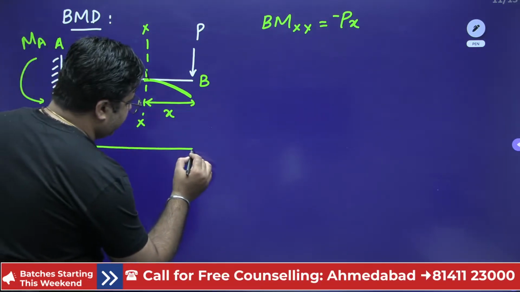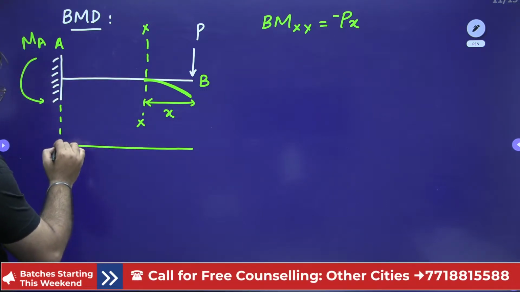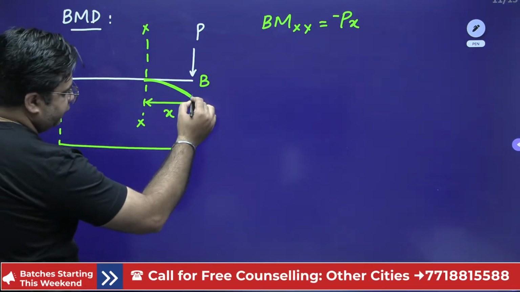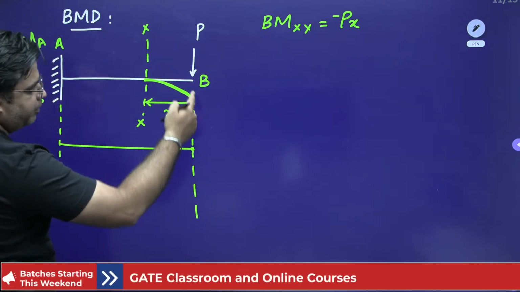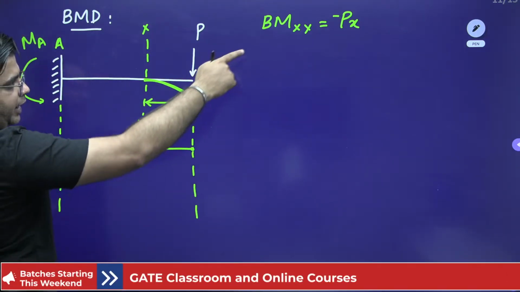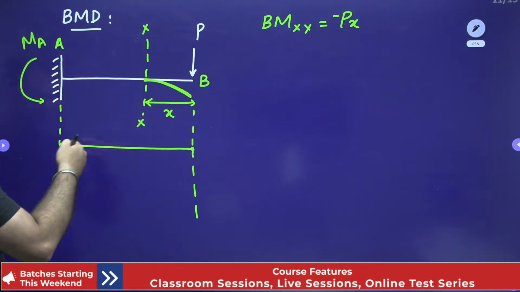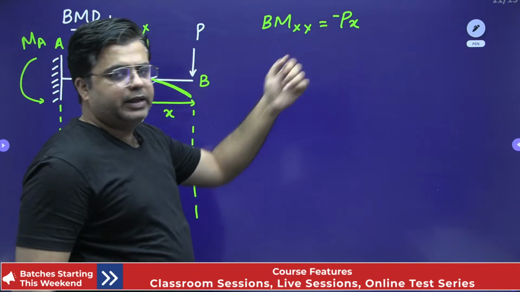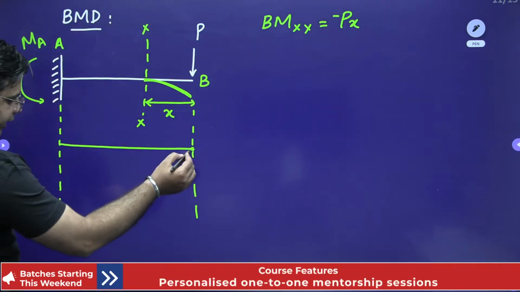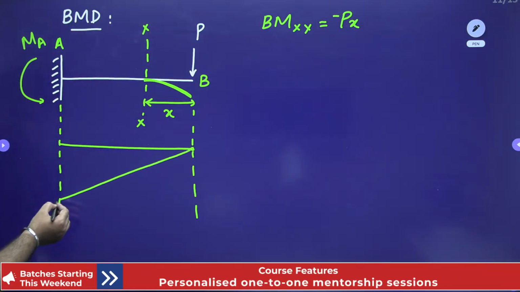So if I draw the bending moment diagram, at this point B, the bending moment is 0, and over this span of length L, your bending moment equation is minus P into X. So you have to move like this, minus P into X, right?